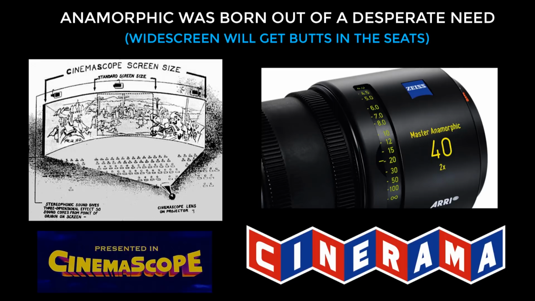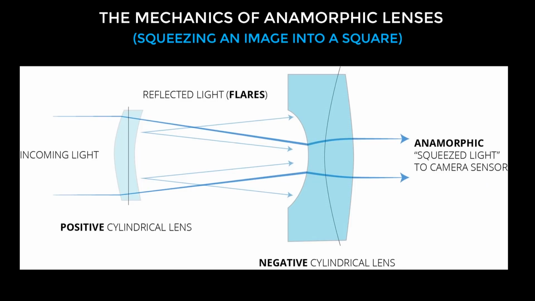It was basically the process of capturing a widescreen image onto a square film frame, because film frames were basically 4x3 and they had to film it within that little area. So the only way to do that was to do a cylindrical squeeze of the environment and unsqueeze it in the projection process.